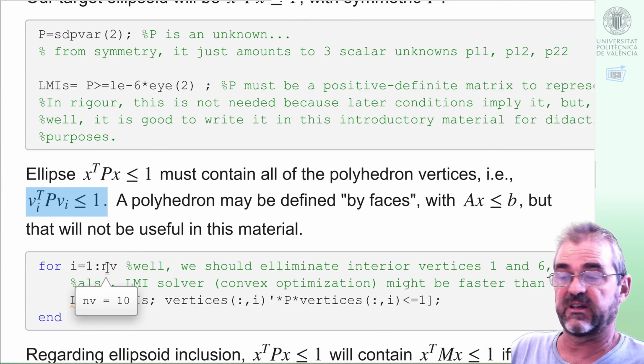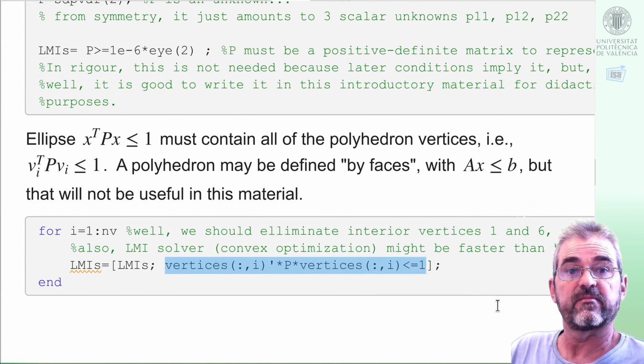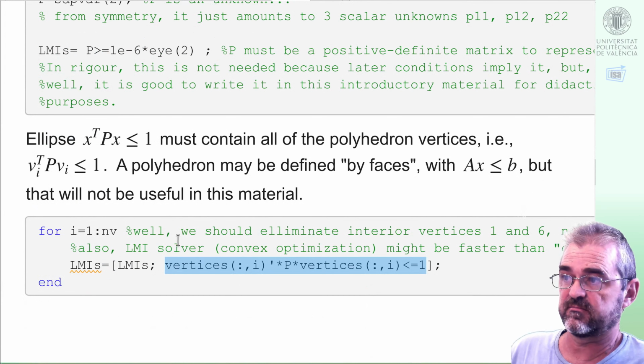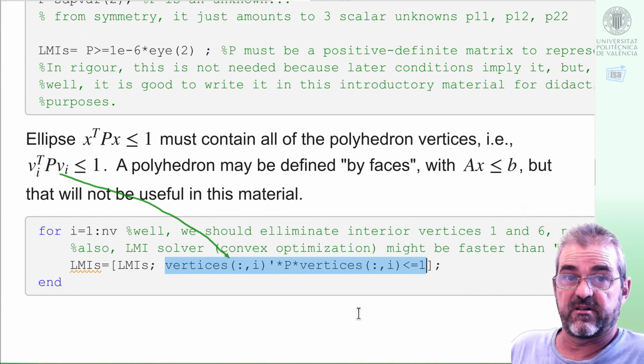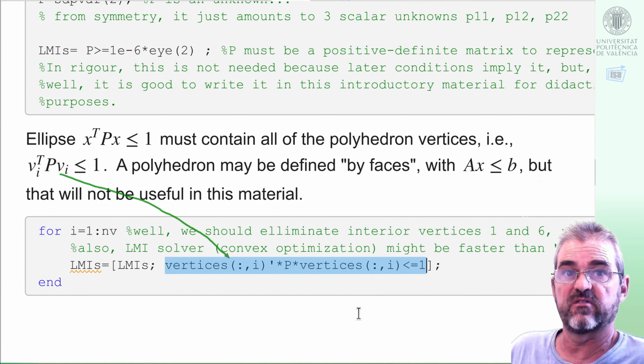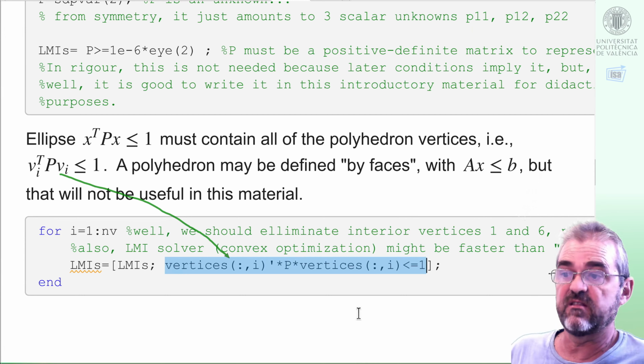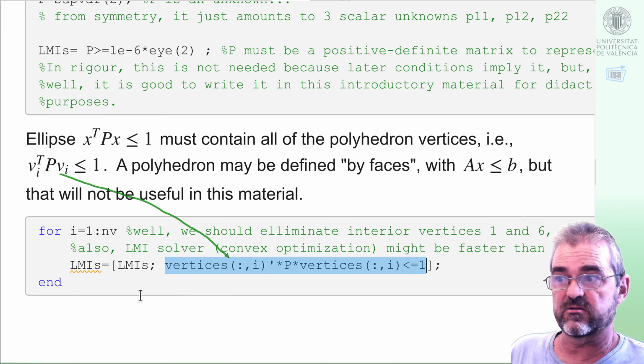So I have 10 vertices, and I will add these 10 constraints, which are the Matlab way of inserting those constraints, and this is a linear matrix inequality constraint on P, because P appears linearly. In fact, this constraint is actually just an ordinary linear constraint.